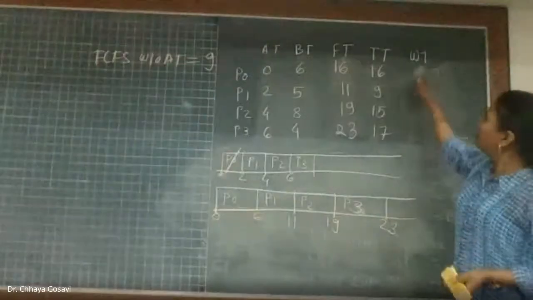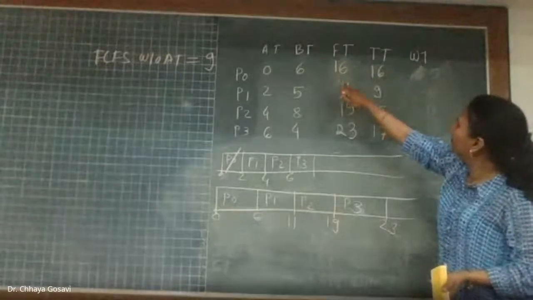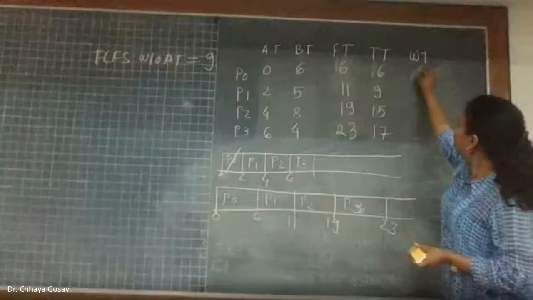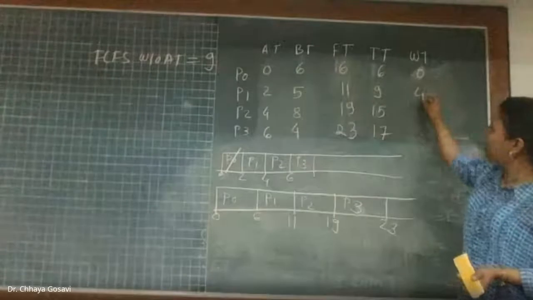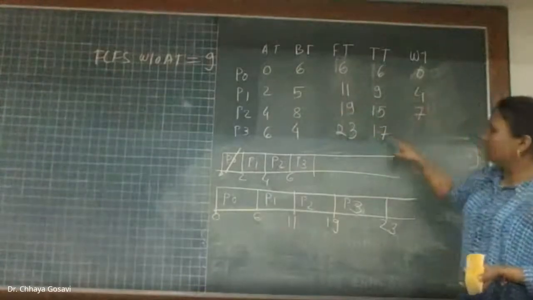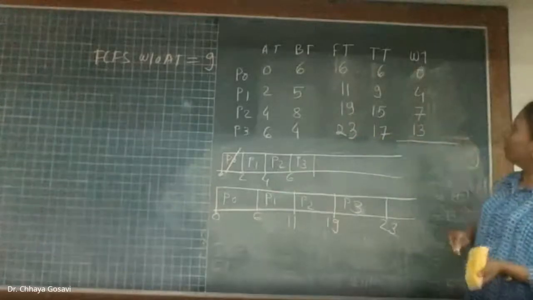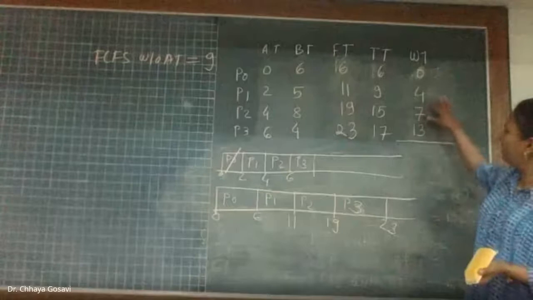Wait time for P0 is 6 minus 6, it is 0. Then 9 minus 5 is 4. 15 minus 8, 7. 17 minus 4, 13. Total 24. Calculate average wait time, 6.